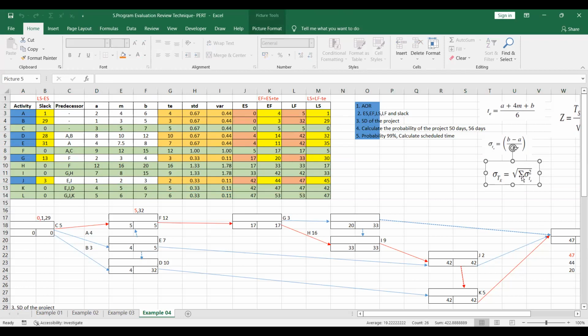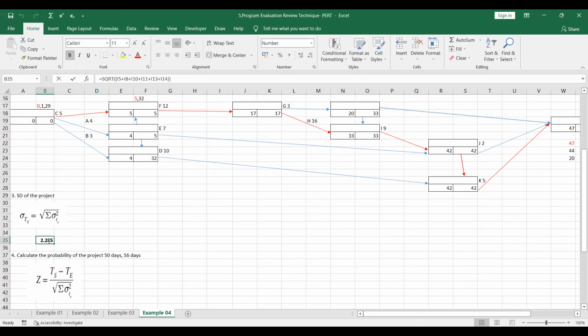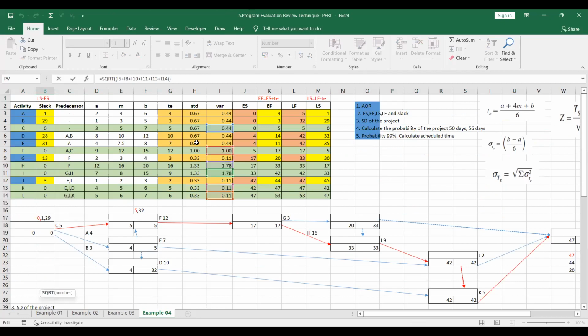You can use this equation: you have to take the square root after getting the summation of all the variances of critical path activities. I have taken the square root, and I have taken only the variances of the critical path activities.